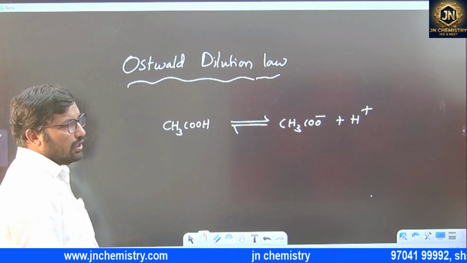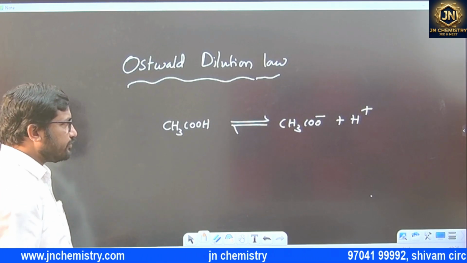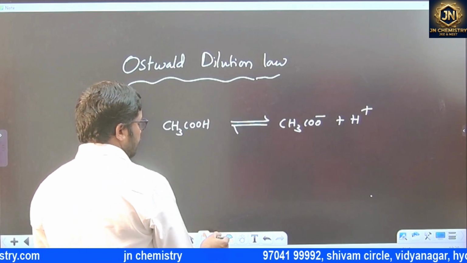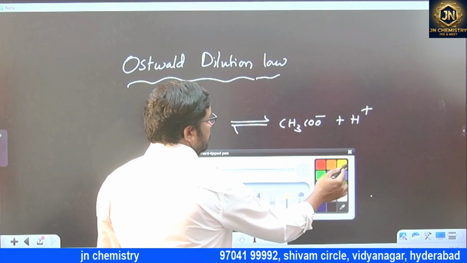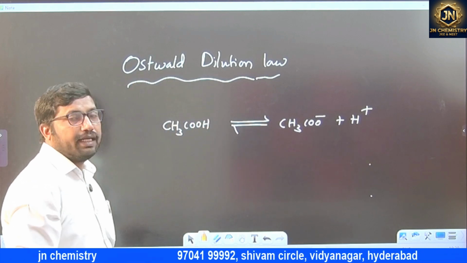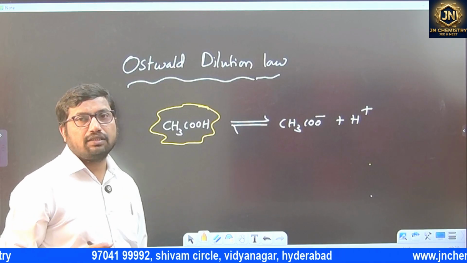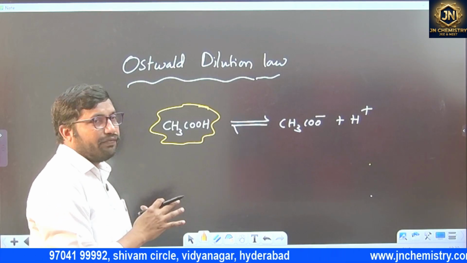Of course, for the dilution law, we need to add water, so water will take excess. A weak acid won't undergo 100% dissociation because it's a weak acid, right?